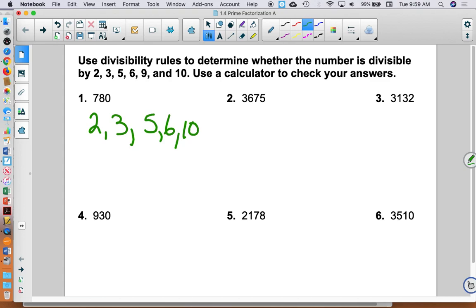You might take a look at these ones. You might add the digits again. Isaiah, check this rule.